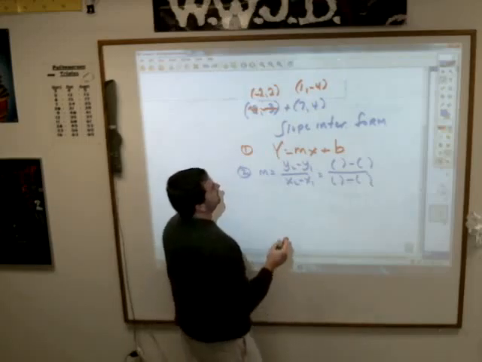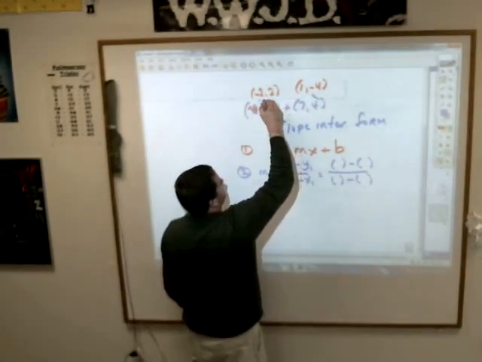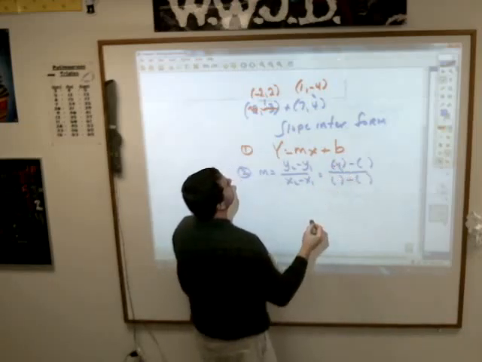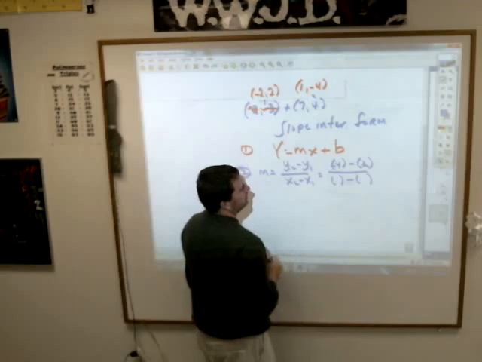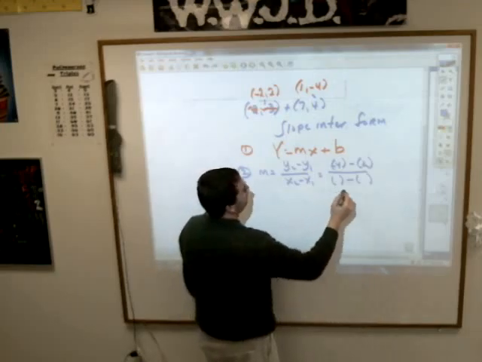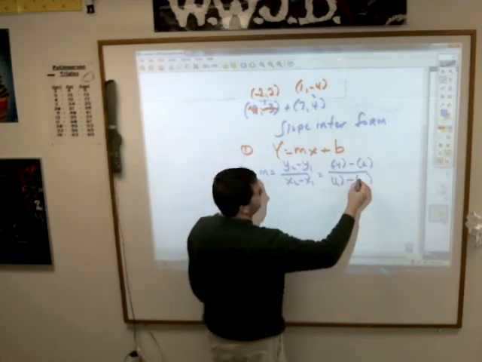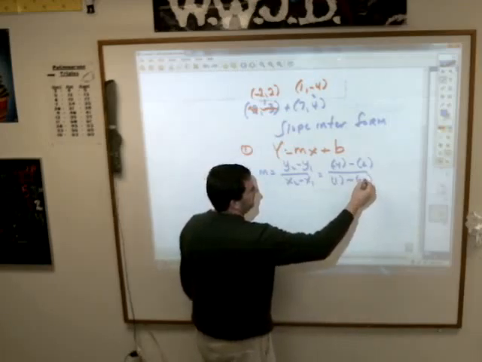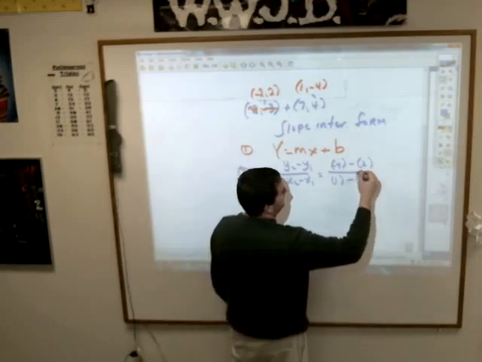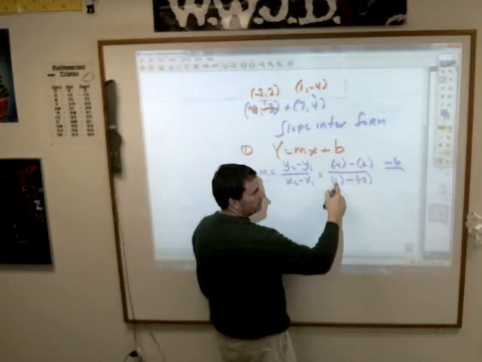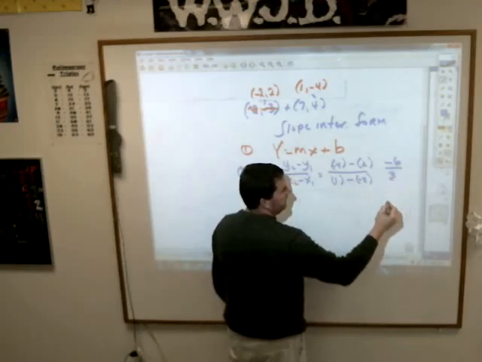Plugging in my numbers, I'll make this my 2's and this my 1's just because I like to do it that way. Negative 4 minus 2 over 1 minus what? Negative 2. Which gives me a negative 6 over 1 plus 2, which is 3.